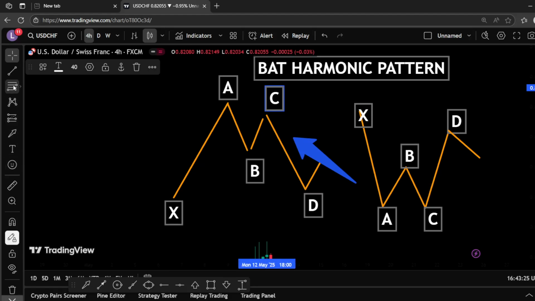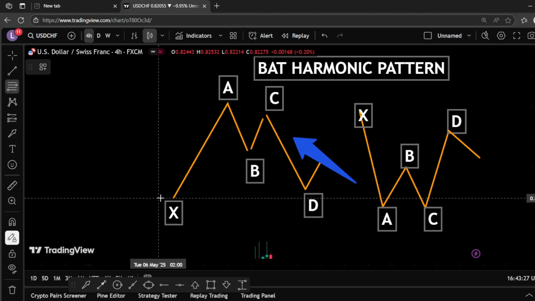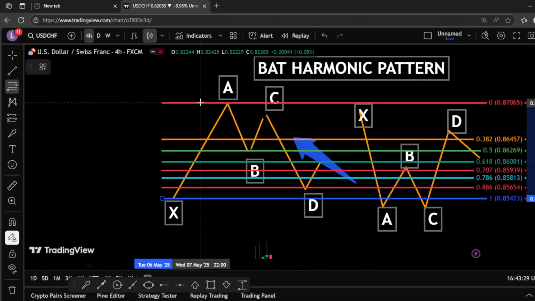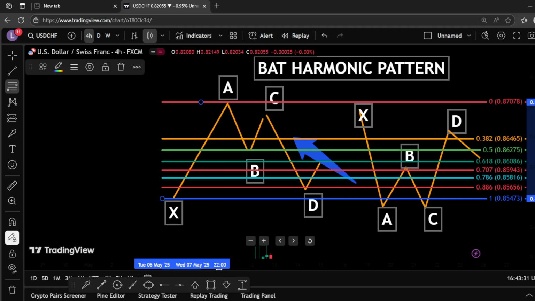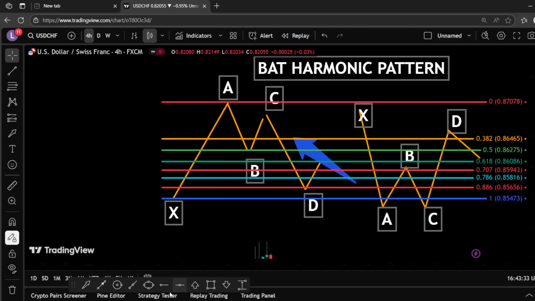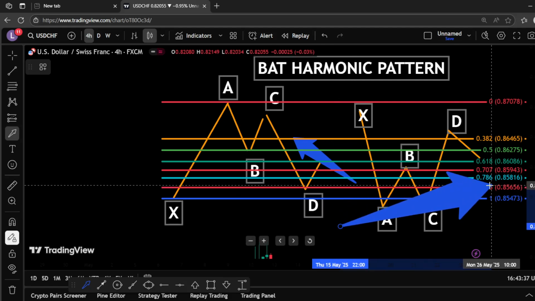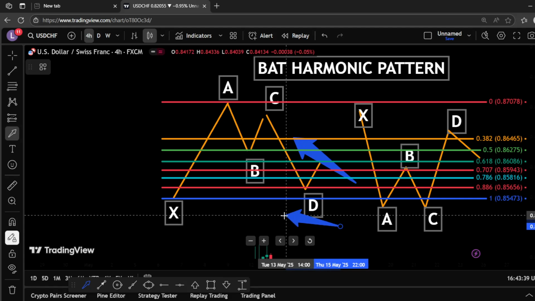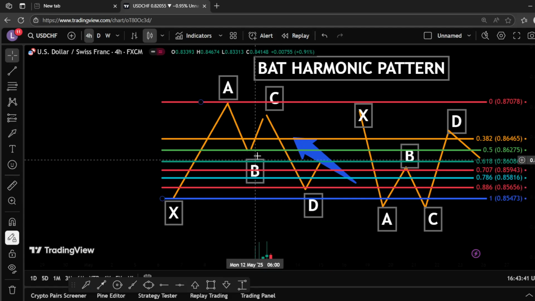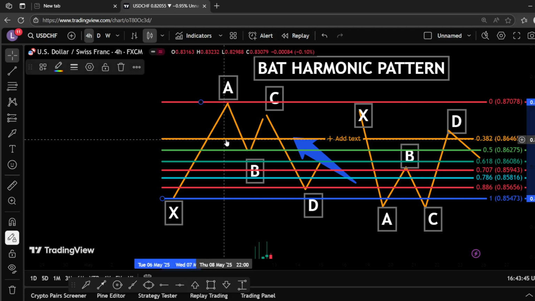So for the bat pattern, the D leg terminates at 0.886, which is the last fib number for the bat pattern. These are the numbers that you need for the bat pattern. So this is the first phase.